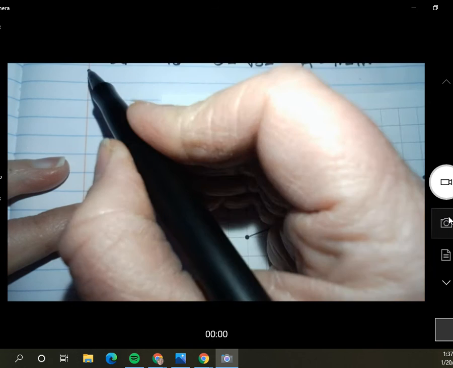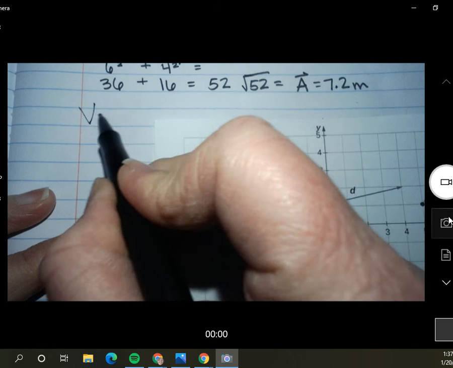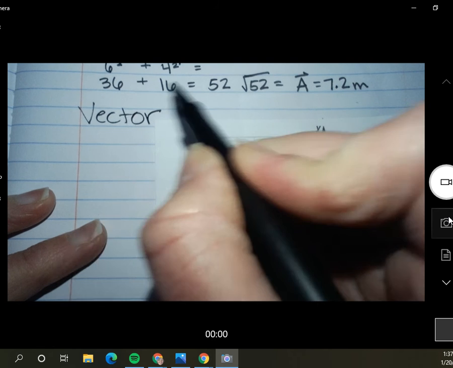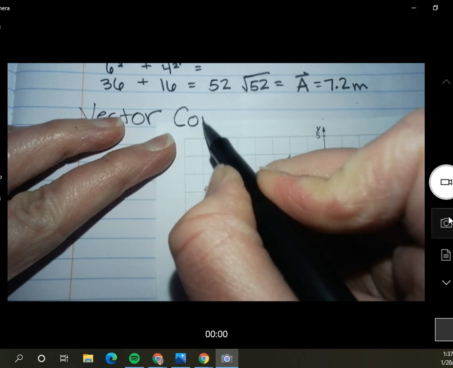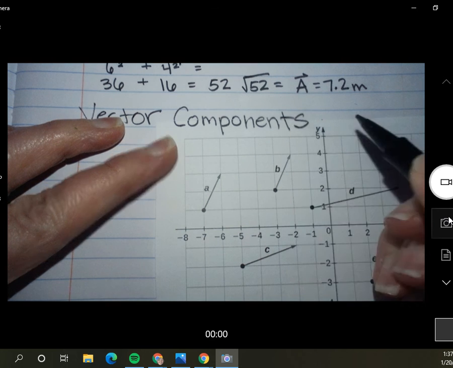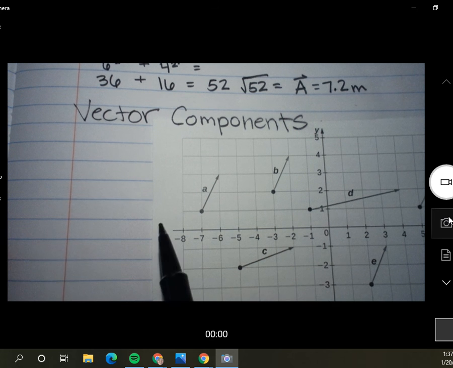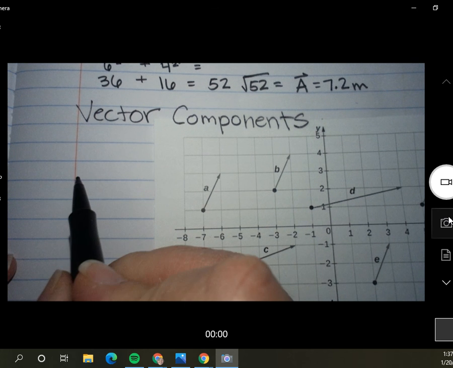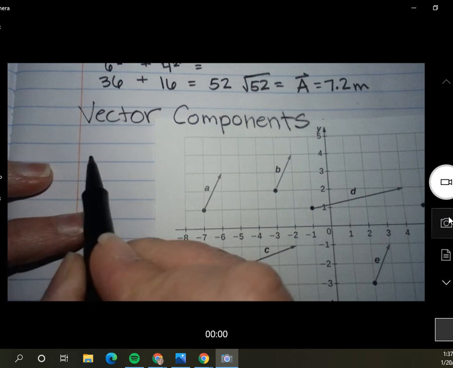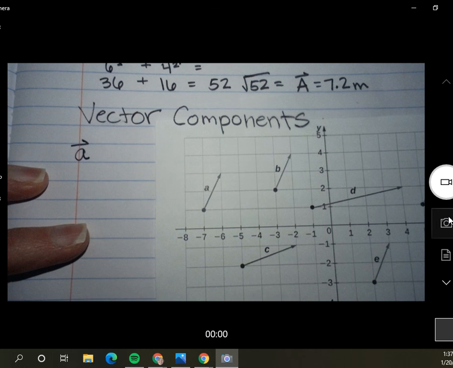So vector component examples is what we're going to title it. All right. So we'll just go ahead and start with A. We have our little vector sign.